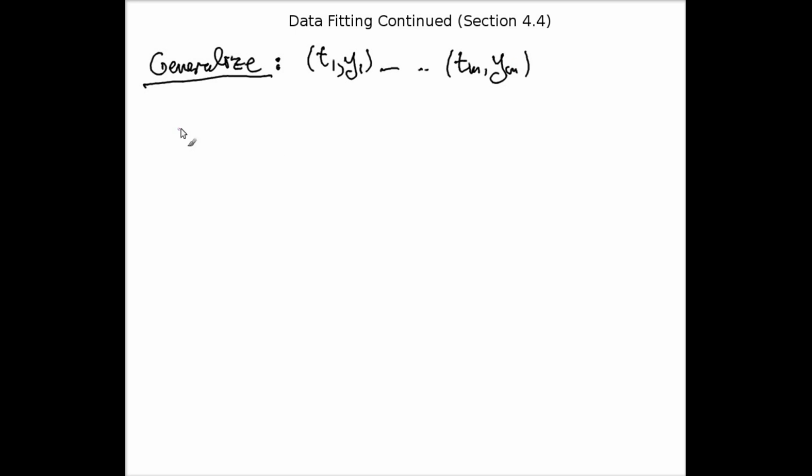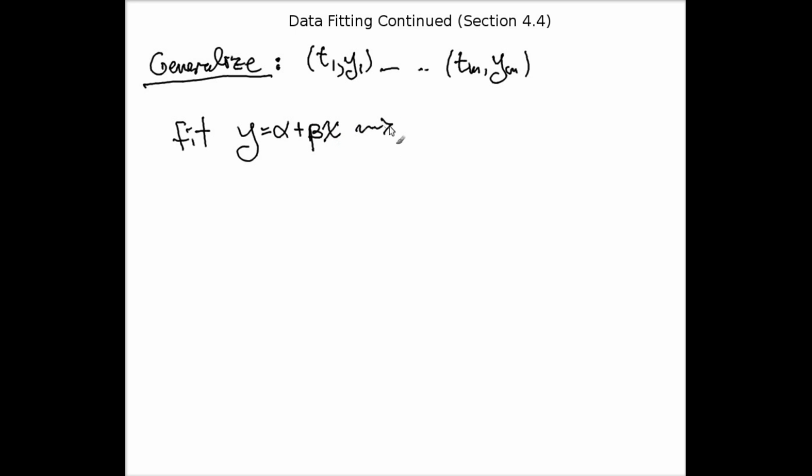Okay, well, let's go on and let's generalize this. Suppose I have some data like before, T1 through Tm, Ym, and what I just did is I tried to find the best fit by a line, y is equal to alpha plus beta x. Well, why did I stop there?